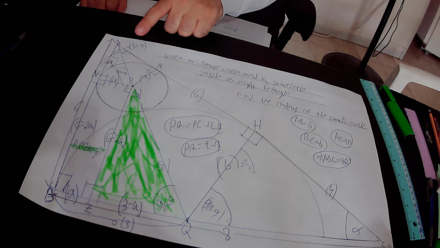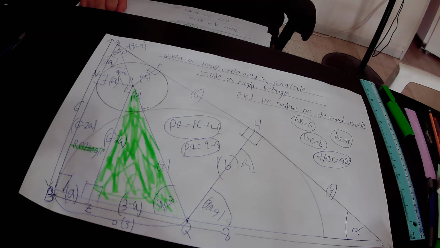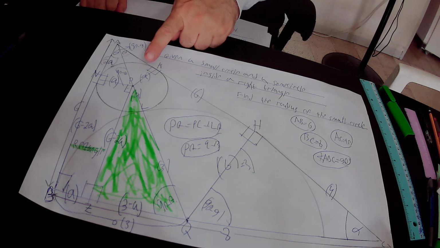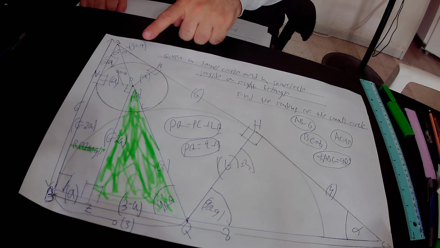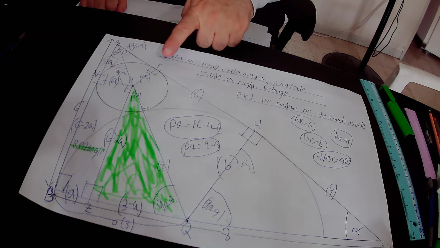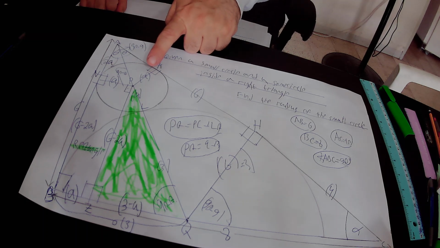By drawing those two tangents, we created here angle A. And according to rule 15, the angle bisector of this angle A must pass through point P, that is the center of this small circle.